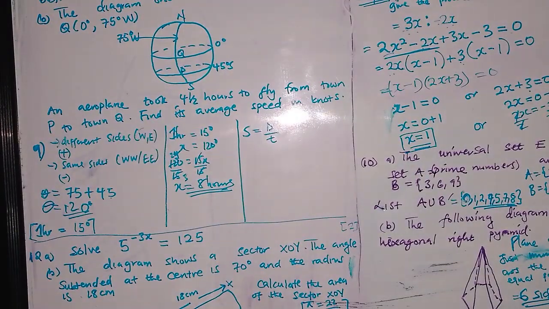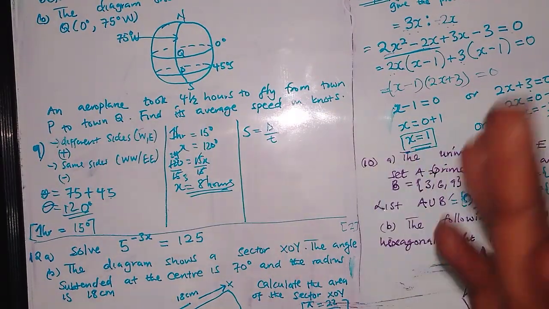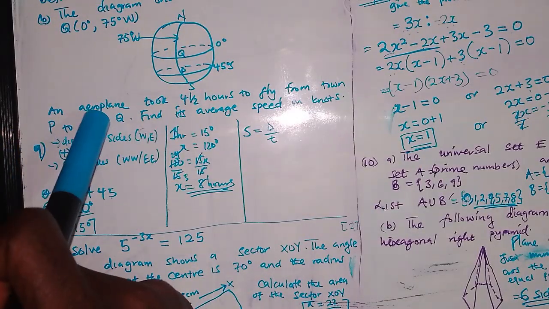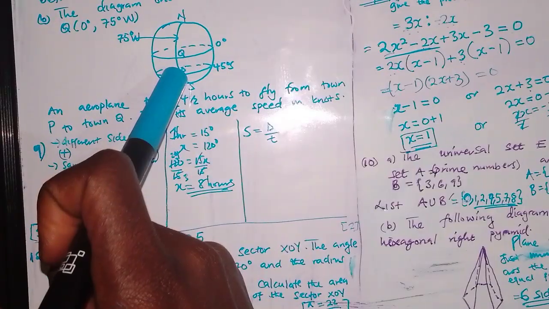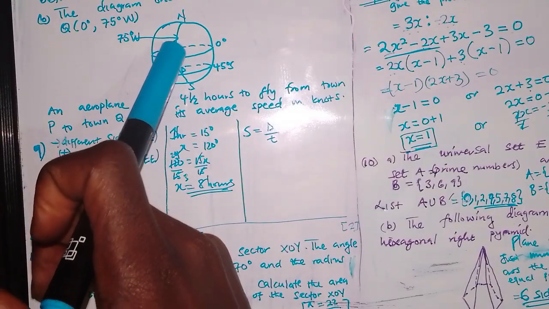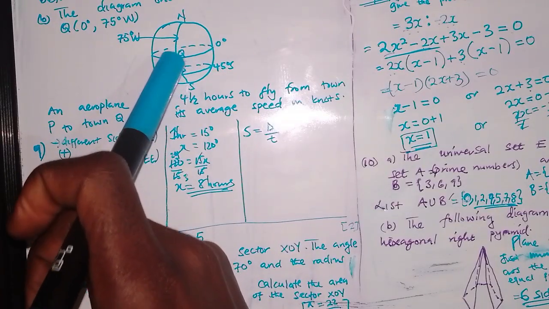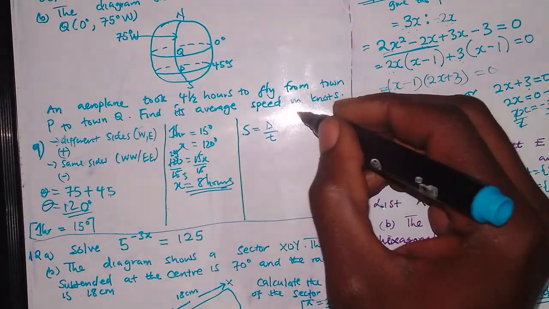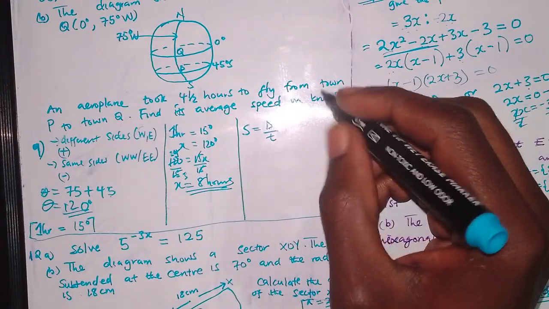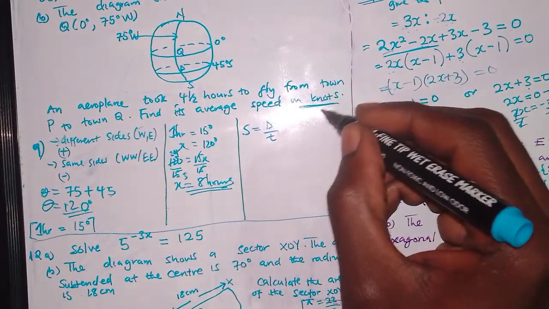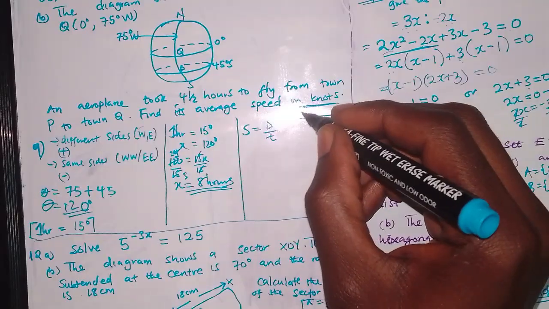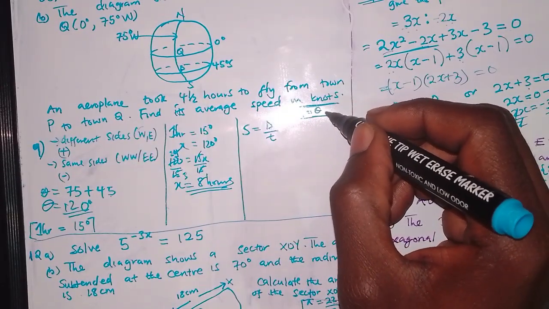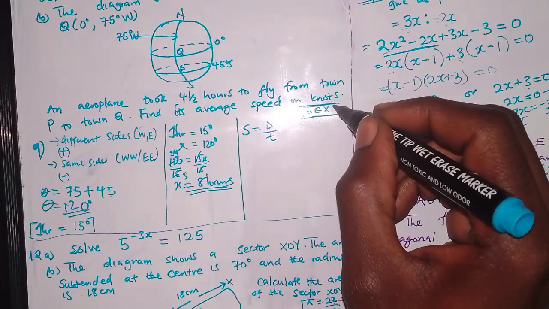But remember, we don't have the distance between P and Q. But luckily, we have the formula for distance. The formula for distance here is distance is equal to the difference in latitude times 60.